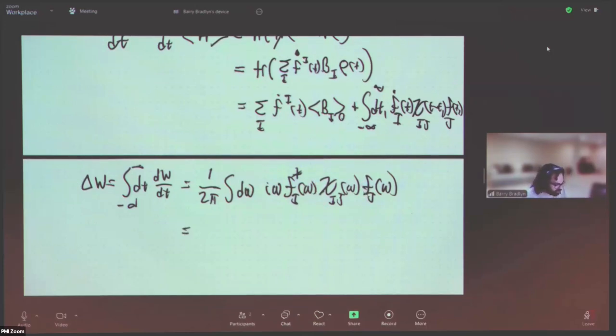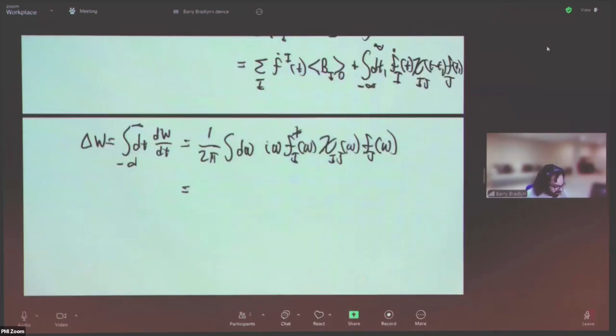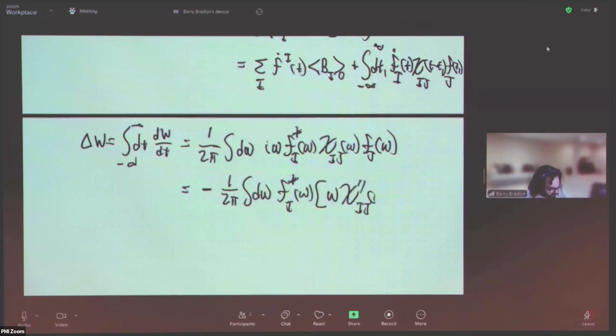And what we end up with is minus 1 over 2 pi integral d omega f_i star of omega, omega times chi double prime, f_j. So the spectral density is the thing that tells us how much work is being done on the system.